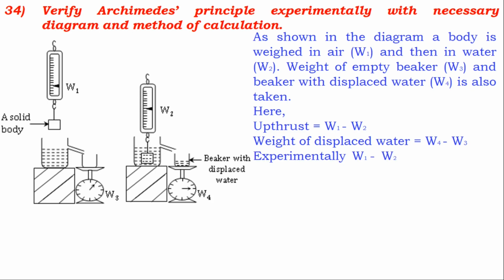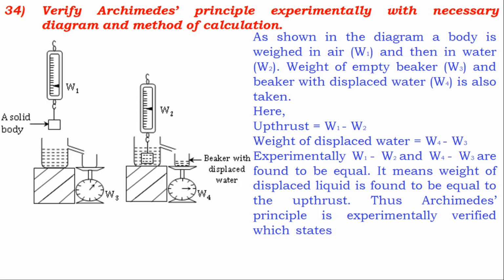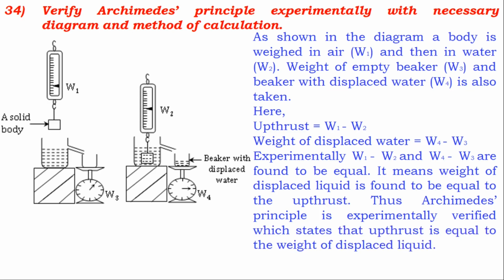So experimentally, W1 minus W2 and W4 minus W3 are found to be equal. It means the weight of displaced liquid is found to be equal to the upthrust. Thus Archimedes principle is experimentally verified, which states that upthrust is equal to weight of displaced liquid. This way, with the help of a diagram and necessary calculation, we can verify Archimedes principle experimentally.